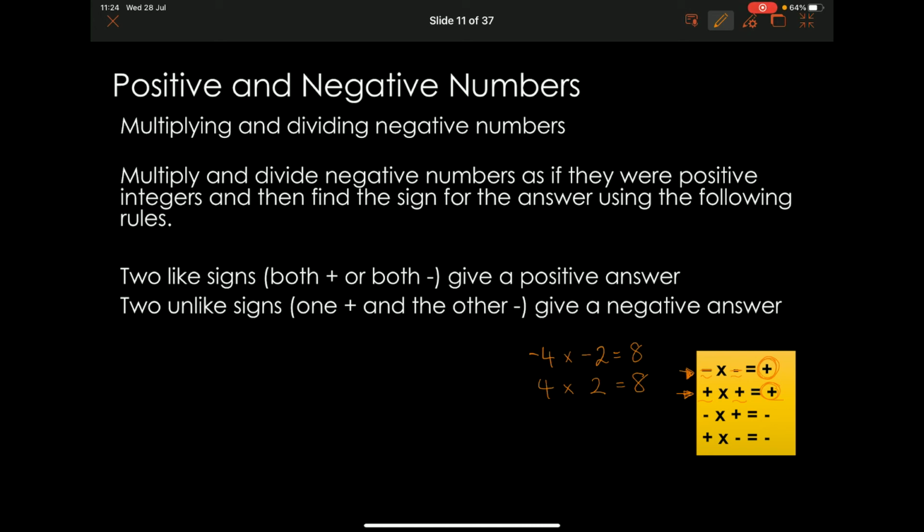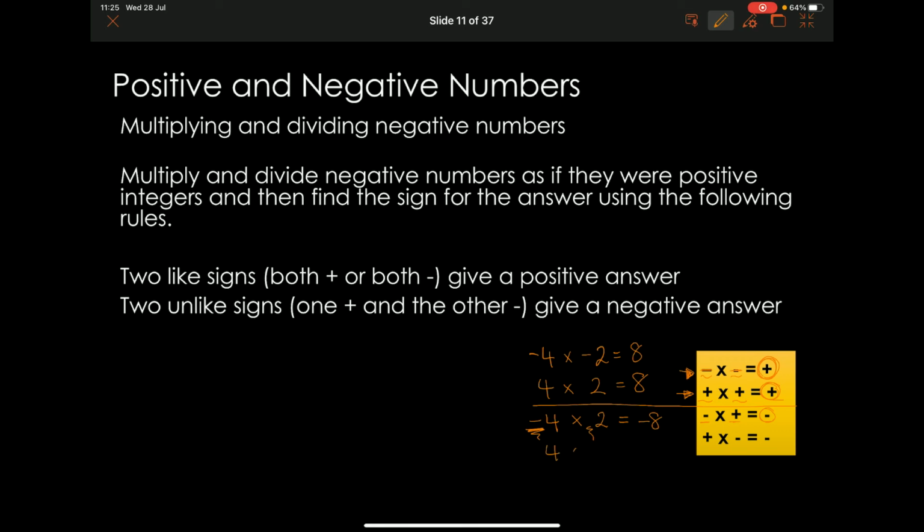However, if you are multiplying a negative, such as -4 times a positive, your answer will be negative. So if your signs are different, this is a negative, but this is a positive. So I'm going to do the calculation, 4 times 2, but because one of them is negative, it will be a negative answer.